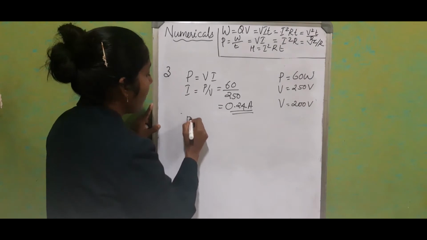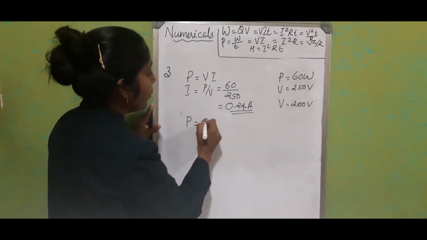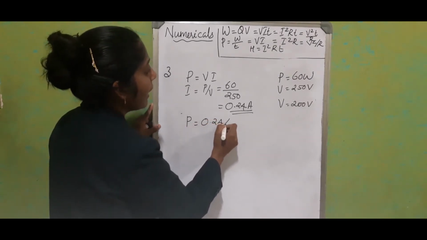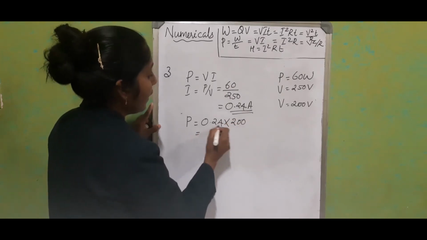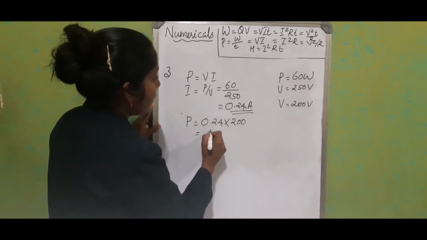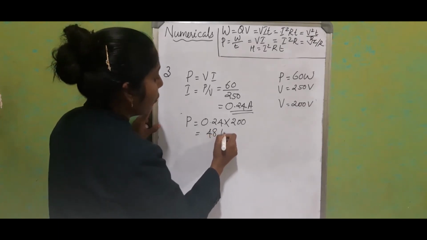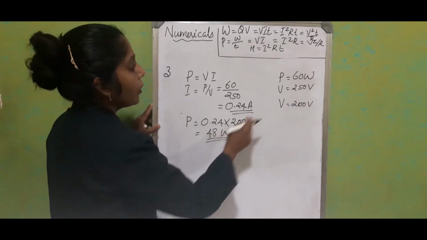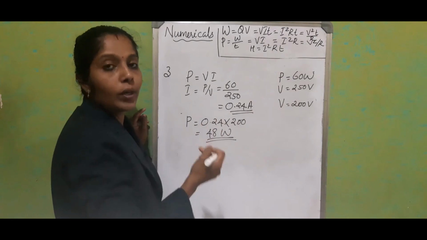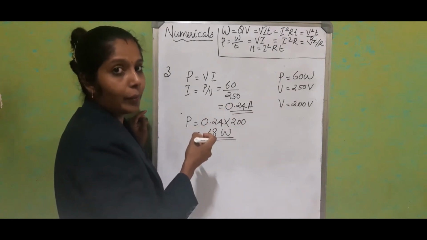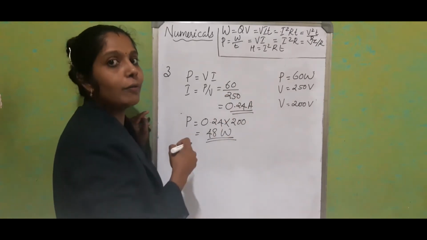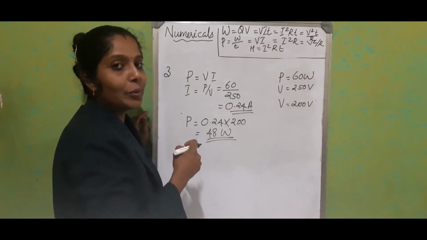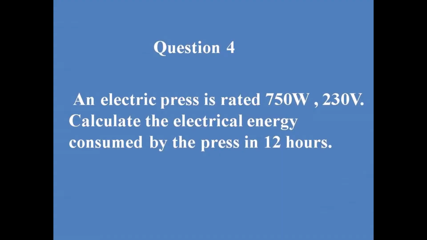Power is equal to 0.24 into 200. So we will get 48 watts. When the voltage drops to 200 volt, the power reduces from 60 watts to 48 watts. Let's move on to the fourth question.